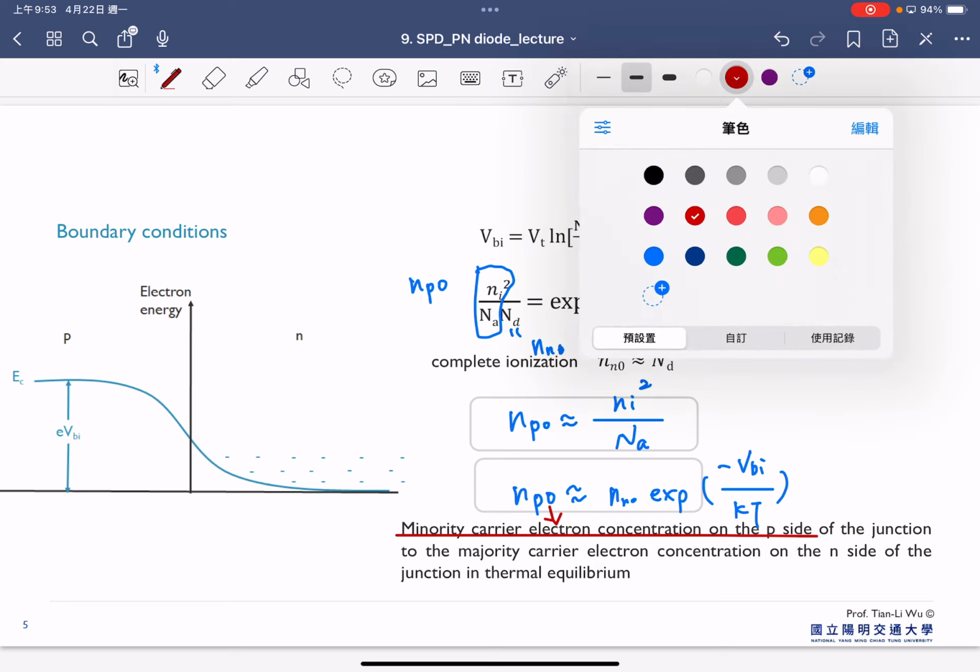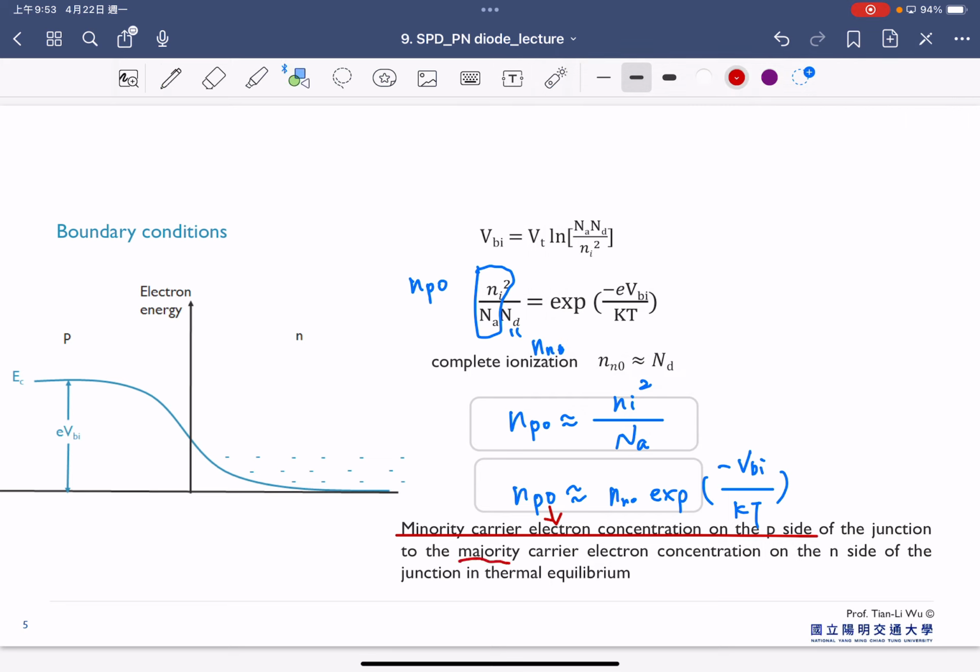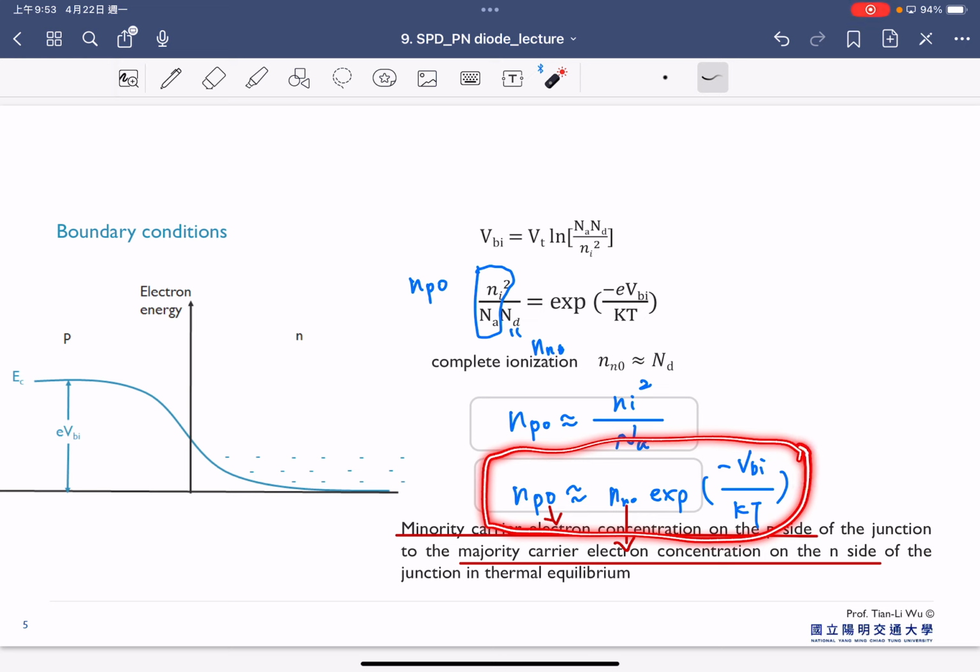So this is the majority carrier concentration on the N side, and it has this kind of correlation. Again, this equation tells us that the minority carrier concentration on the P side is equal to the majority carrier on the N side times exponential minus VBI over KT. So this is the meaning that comes from this equation.